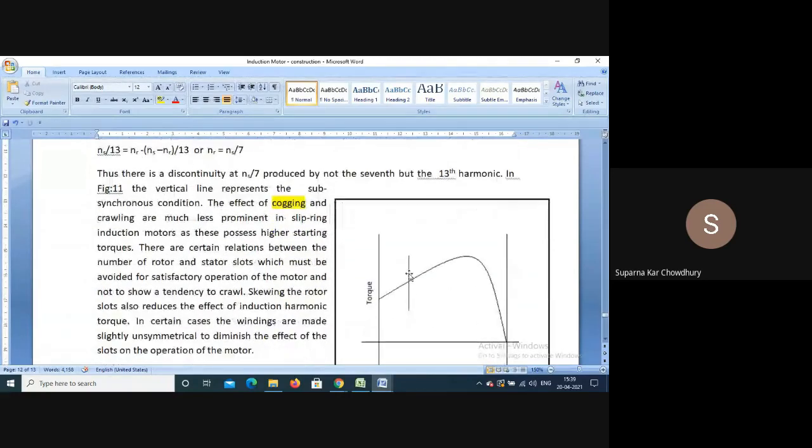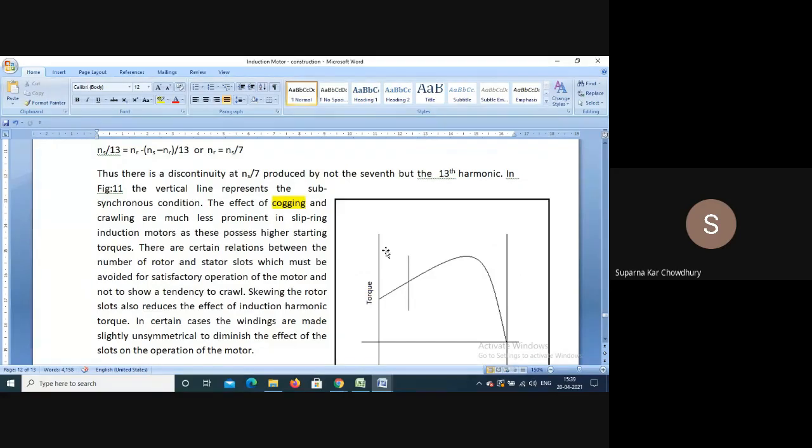At this point, there will be a sharp disturbance here. This cogging phenomenon can be avoided if we avoid certain combinations of stator to rotor slots. So while designing induction machines, some combinations of the number of rotor and stator slots we cannot take arbitrarily.